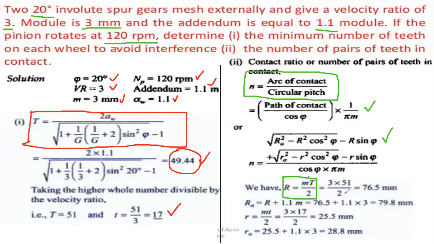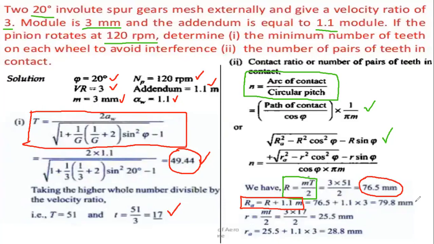Then the R_A value is taken as R plus 1.1 module. So R is 76.5 mm plus 1.1 into module, where the module is 3.